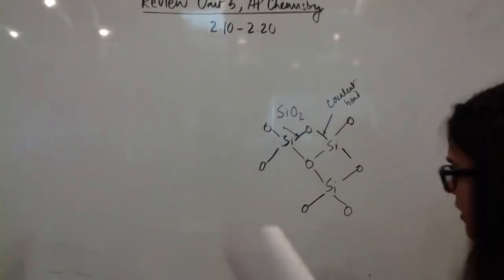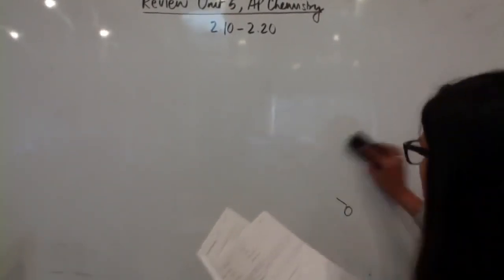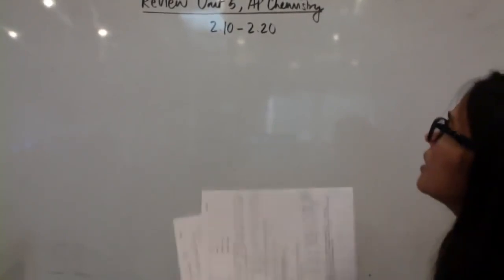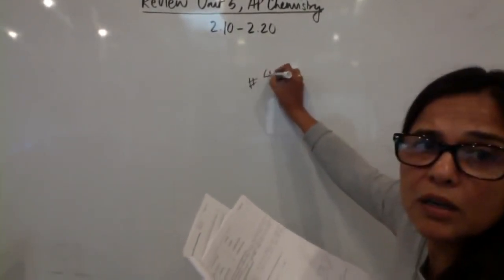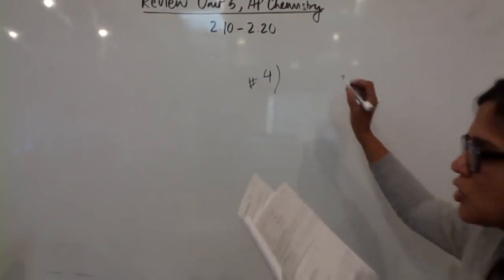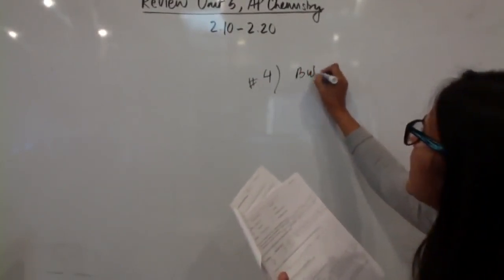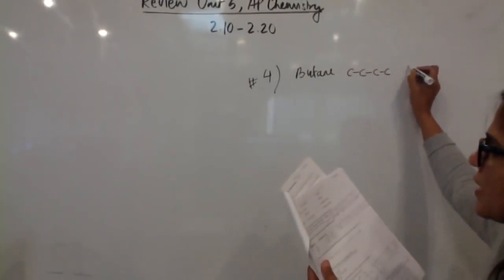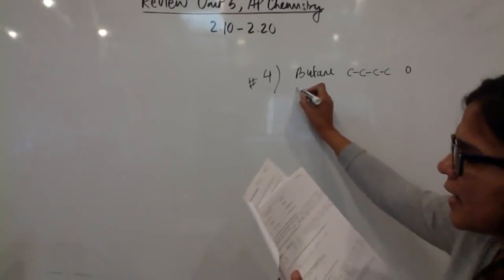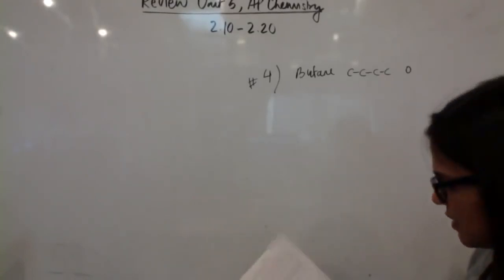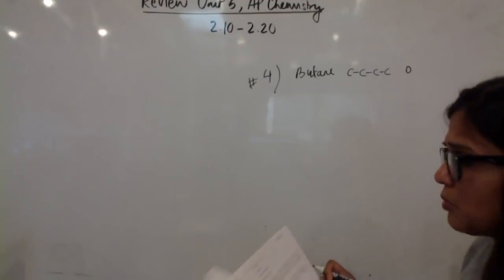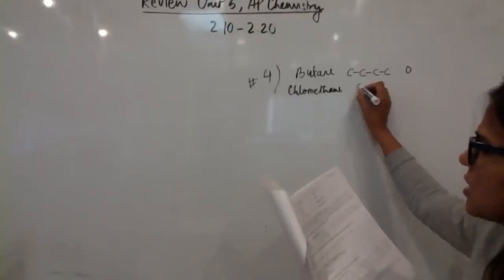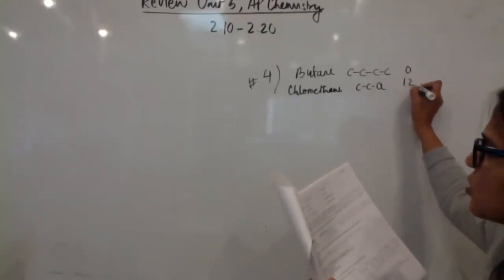So in question number 4, this table shows butane, and then it gives its structure of straight carbon chain, and its boiling point is 0 degrees Celsius. Yeah, that's what it boils, very, very low. Then there is chloroethane, which is CH3CH2Cl, and it is 12.